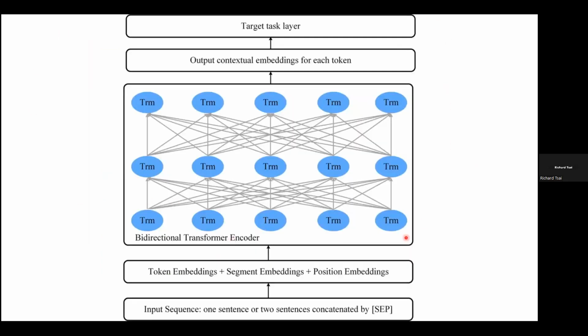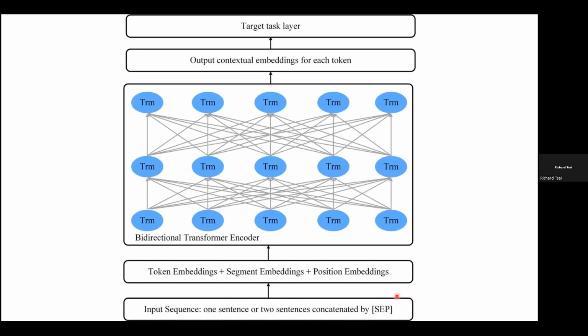BERT has the flexibility to accept either one sentence or two sentences as input. Just like in the original transformer model, for each token, we combine its token embedding, segment embedding, and the positional embedding.